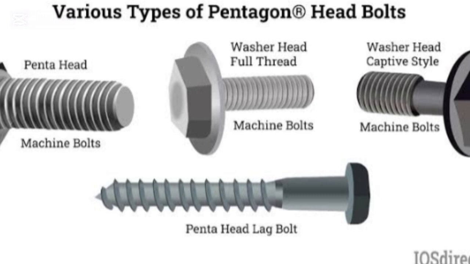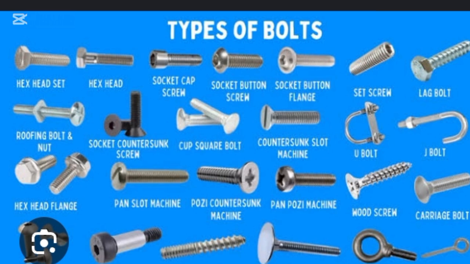Now let's talk about types of bolts. We have talked about classification of bolts by their manufacturing process, grade, and head shape. There are different kinds of bolts, and their shapes, sizes, designs and manufacturing processes differ.